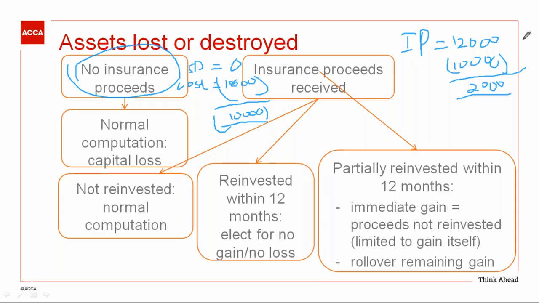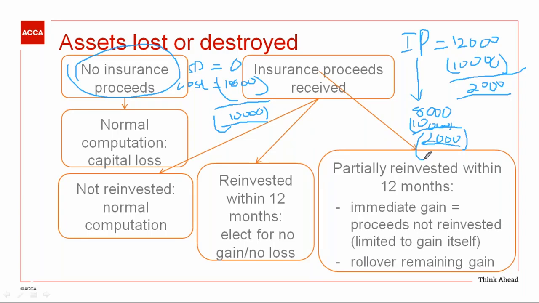It can even be a situation where they pay you less insurance compensation. Assume you receive insurance proceeds of £8,000. Then that will be your sales proceeds, and you deduct your cost. In this situation, there will be a loss of £2,000. So whatever the insurance proceeds received should be treated as your sales proceeds and do the computation. So either it will be a chargeable gain or else an allowable loss.